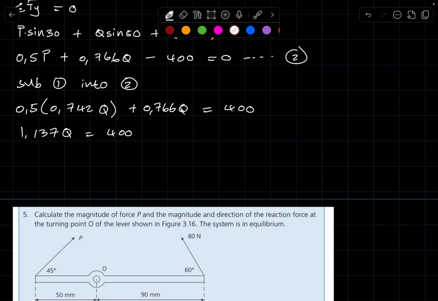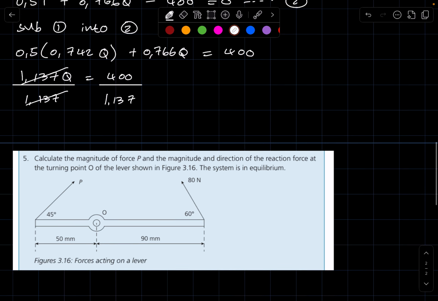Solving for Q, seeing that Q is the only unknown here now, you divide both sides by 1.137, making Q the subject of the formula. That cancels, and this here gives us the value of Q. So 400 divided by 1.137.